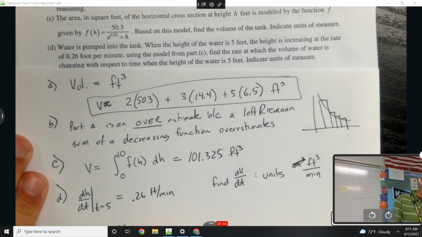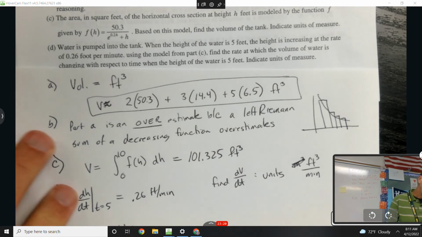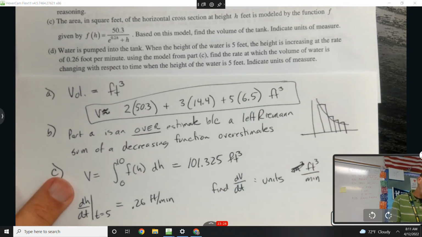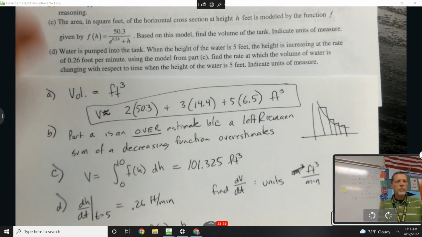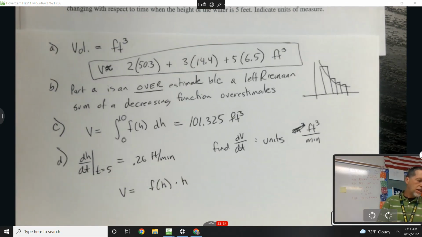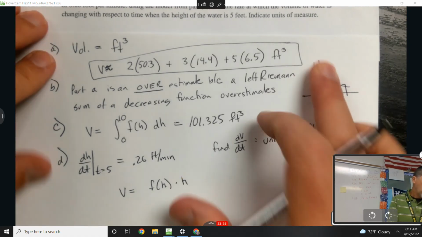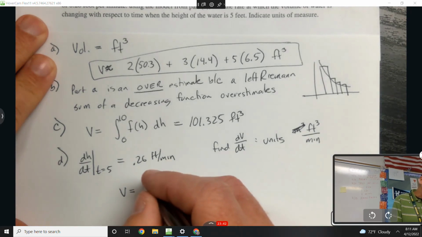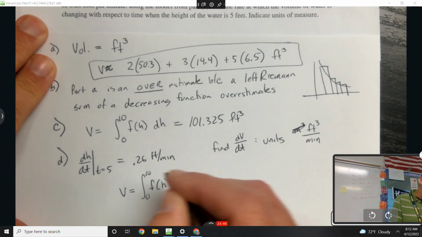So volume would be the cross-sectional area times the height. That's not quite right though, because the volume was the integral from 0 to 10.